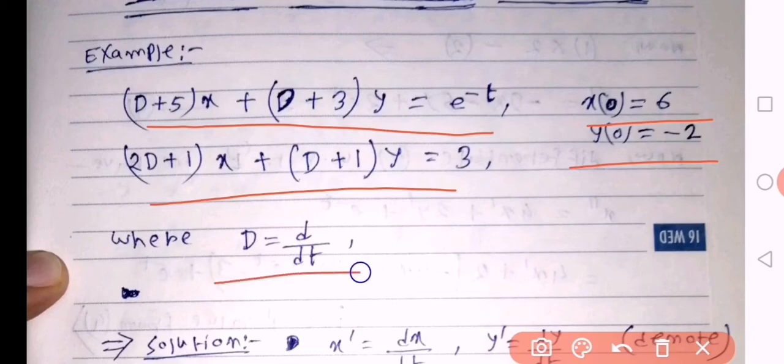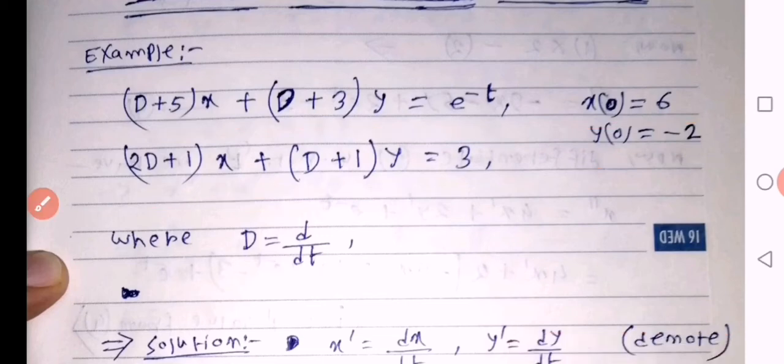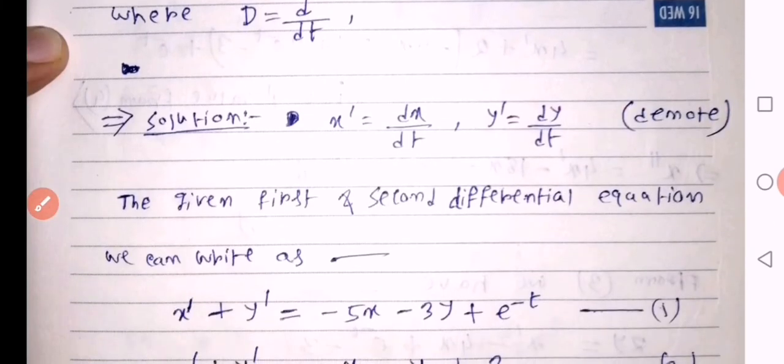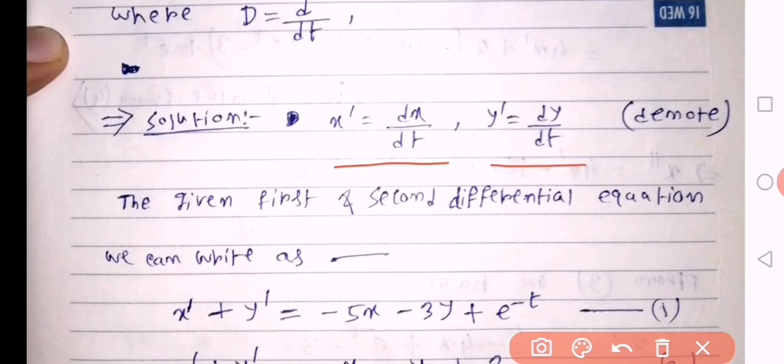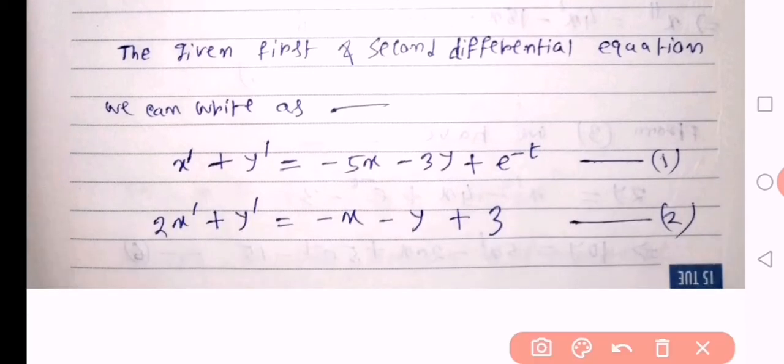Here D is the notation given by d by dt. We denote here x dash equal to dx by dt and y dash equal to dy by dt. So, the first equation can be written as this and the second equation can be written as this.